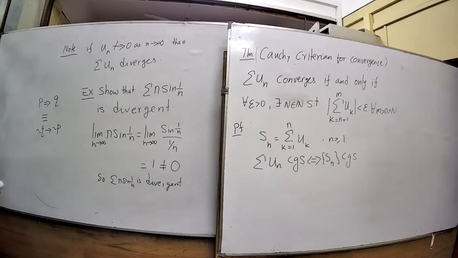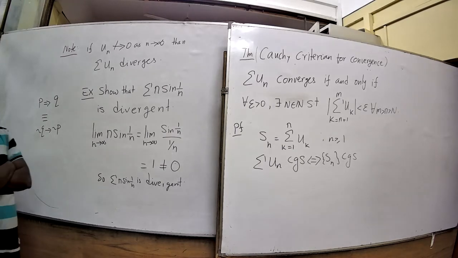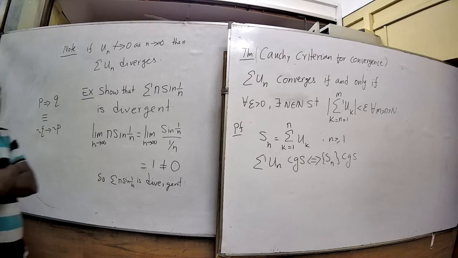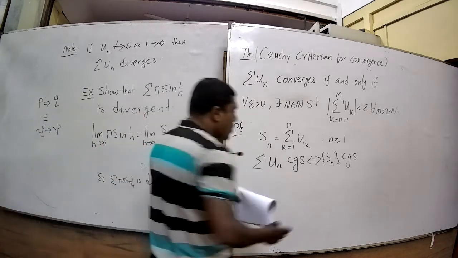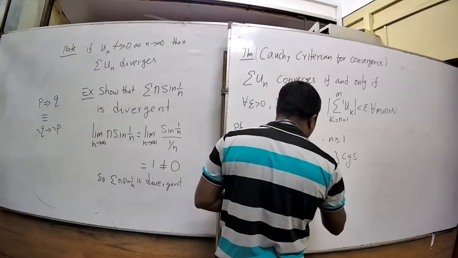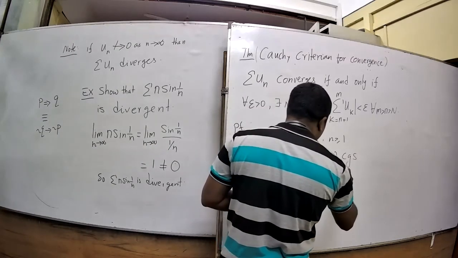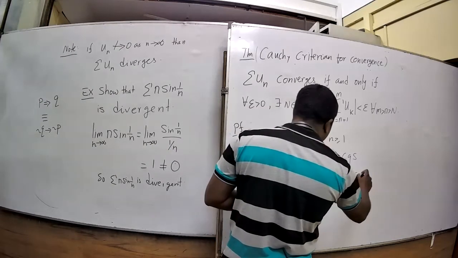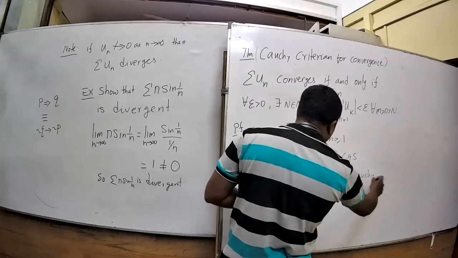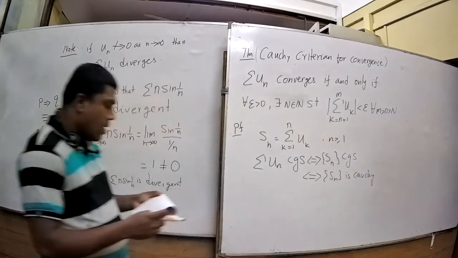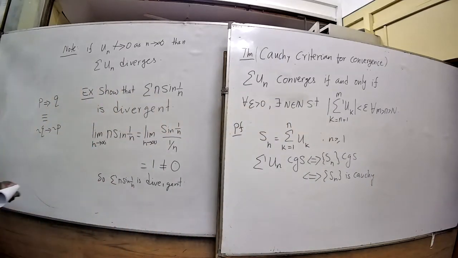You know that, right? But the sequence of partial sums is basically a sequence of real numbers, so convergence if and only if Cauchy, we studied that.